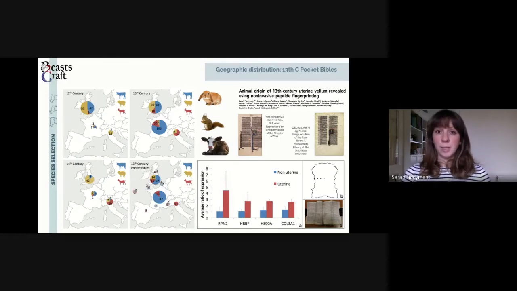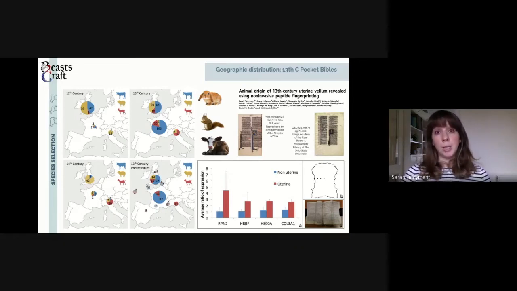And by doing this special form of proteomic analysis, we were able to detect differences in proteins. Very specifically, the ones of interest were the levels of collagen 3 and fetal hemoglobin. And these two proteins we know are present in higher proportions in stillborn or in utero animals and decline once the animal is born and as it grows up.